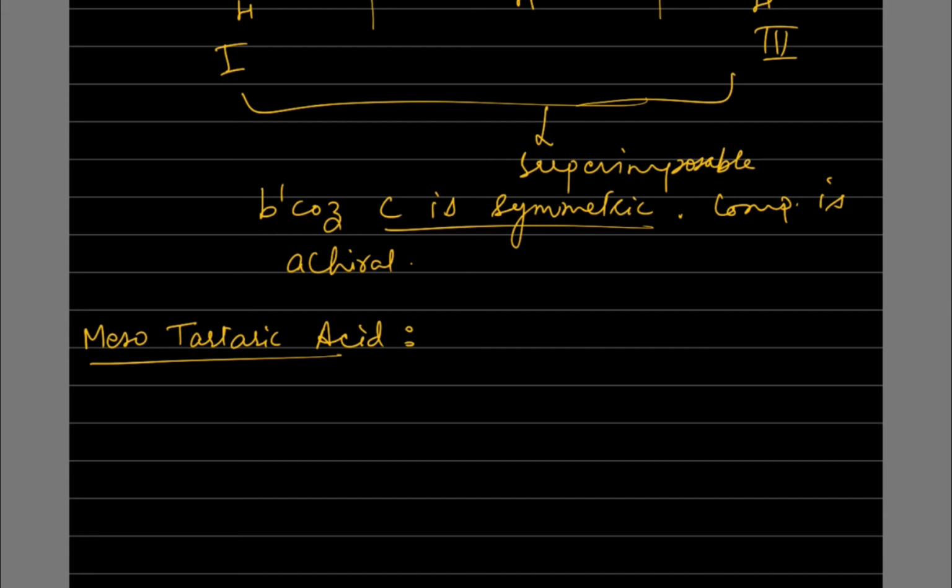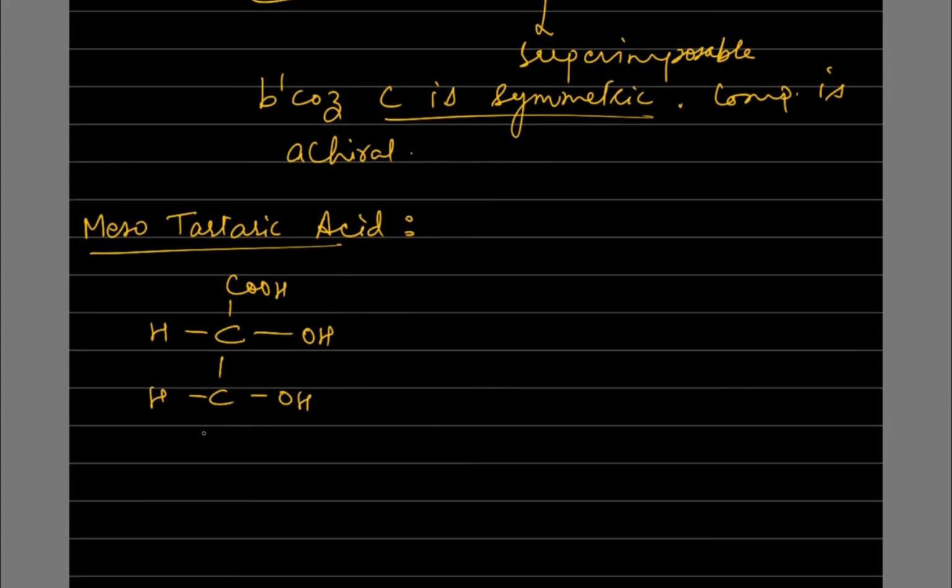Say we have COOH here, H, OH, H, OH, COOH. Here carbons 2 and 3 are both chiral carbons, both asymmetric carbons, but still the compound is optically inactive. Why? That is because of the presence of an element of symmetry.